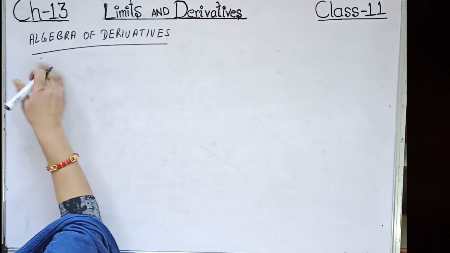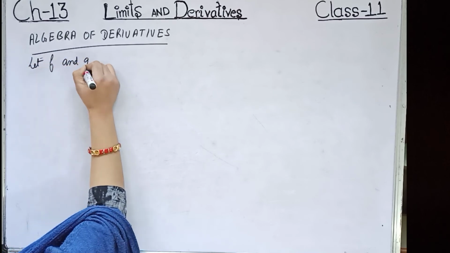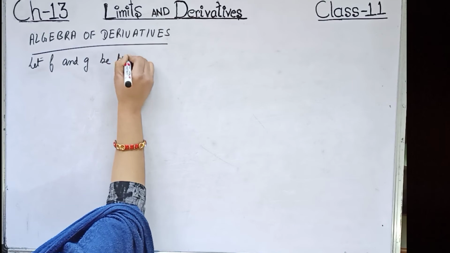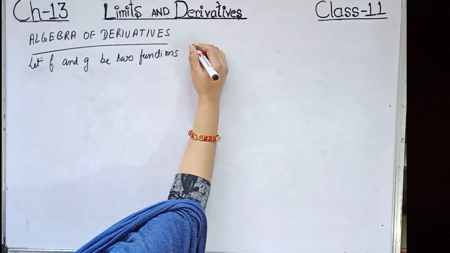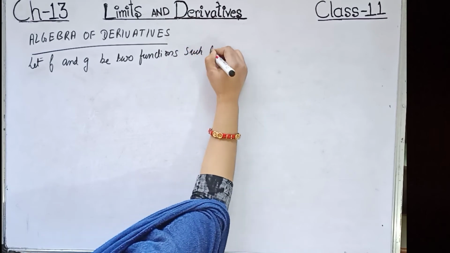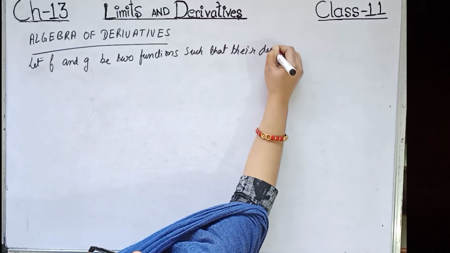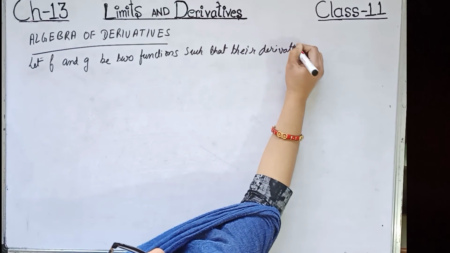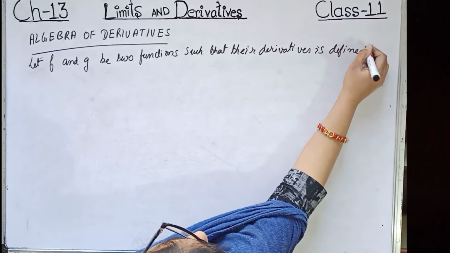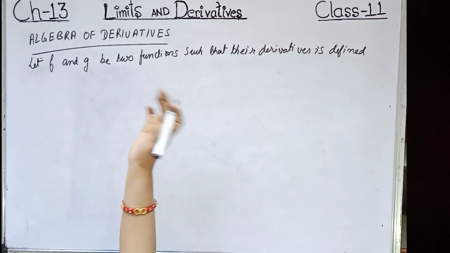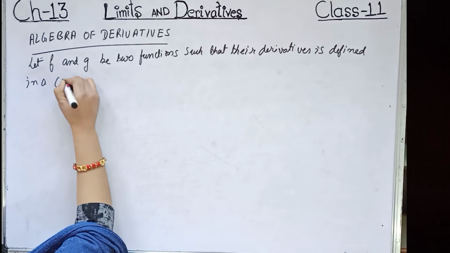First let me give the introduction, means let f and g be two functions such that their derivative is defined and they have a common domain, defined in a common domain.